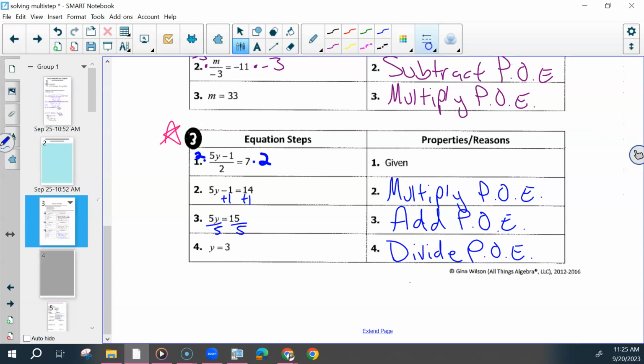Anyone get all 3 correct? Good. Alright, if you didn't, fix it. Do we have questions about any of these? Okay. So as I mentioned earlier, not that we need to know the definitions of these, but we need to know how to apply them. So go on to the next page, once you have that written down.